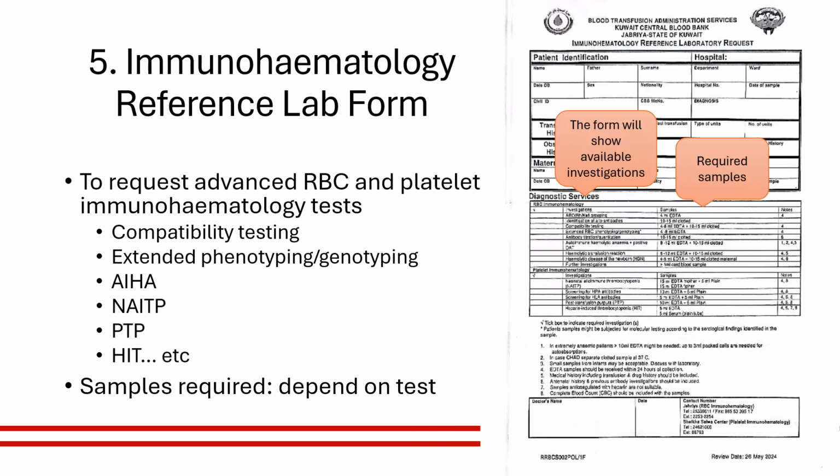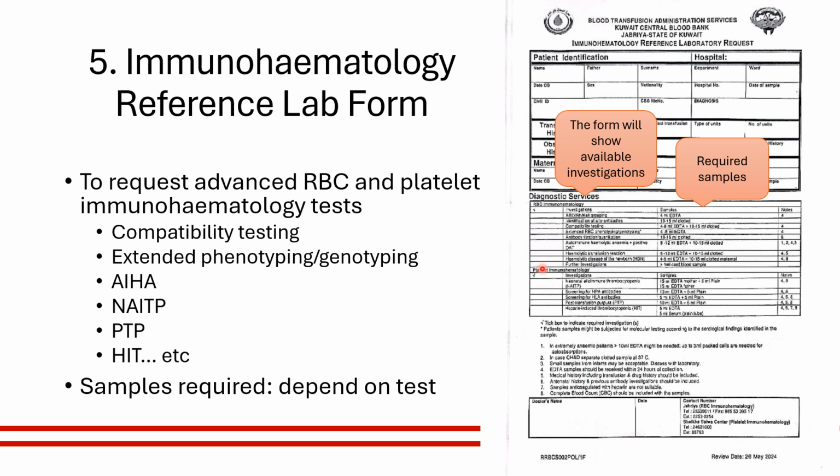Then we have the immunohematology reference lab form. This form will always exist for all of the tests that are not available in your local blood bank. Sometimes the form will include a list of the tests and the corresponding required samples, as is the case for the form we have in Kuwait.